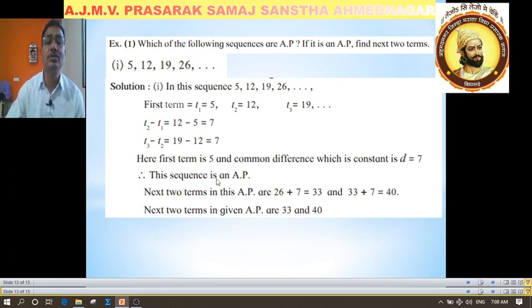So this is an arithmetic progression. The next two terms: fourth term is 26, so the next term is 26 plus common difference 7. So 26 plus 7 is equal to 33, and 33 plus 7 is equal to 40. So the next two terms in the given arithmetic progression are 33 and 40.